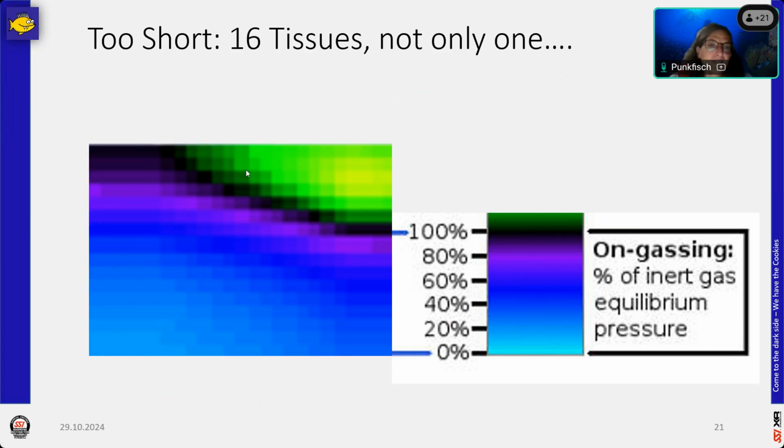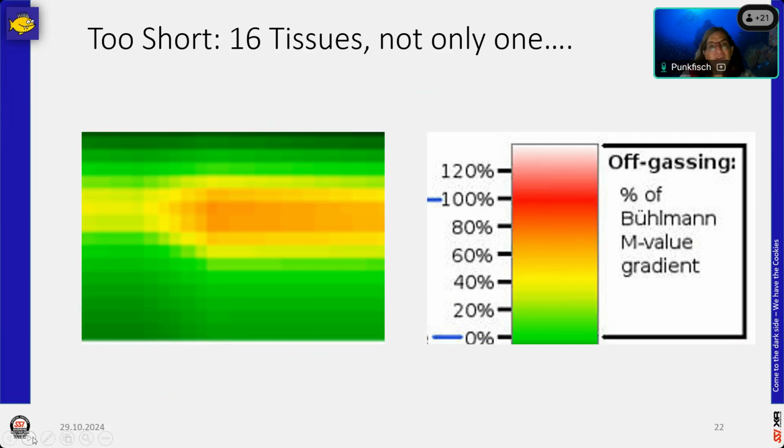And now at this point, we can see that here the ascent starts and the color starts to change. And we can observe what happens with the desaturation. It shows percentages of the Bühlmann value. So this is where gradients come in again, because you see the same 16 lines here, very likely when reaching the surface.